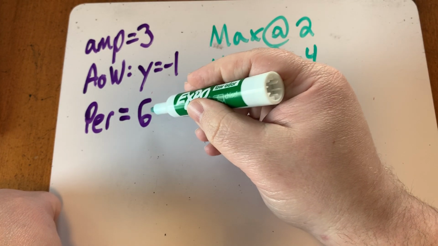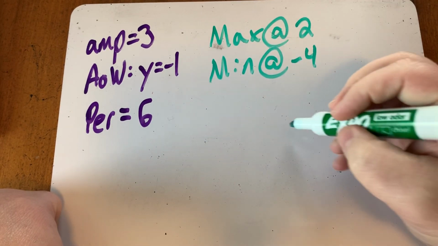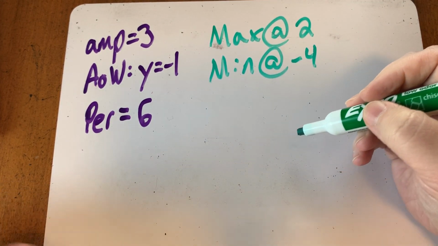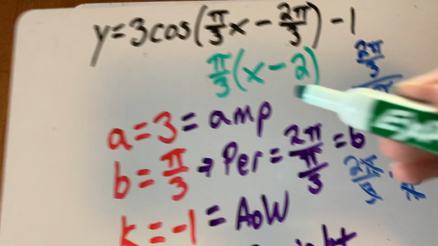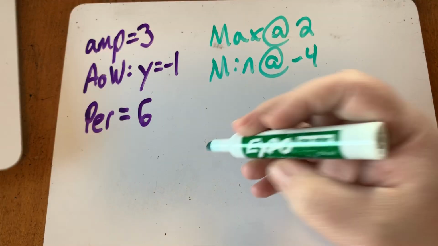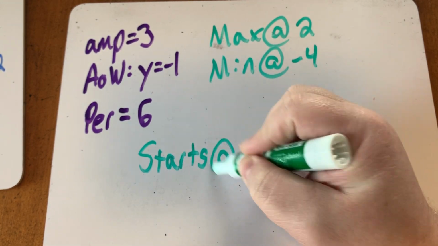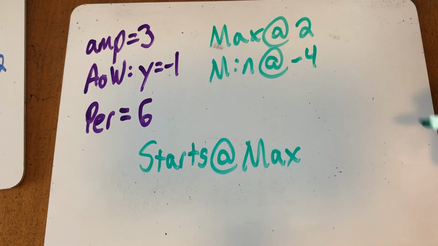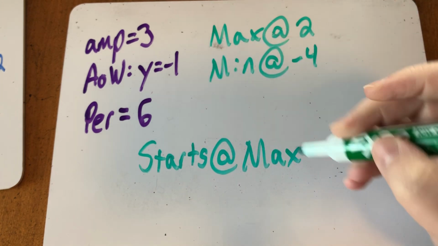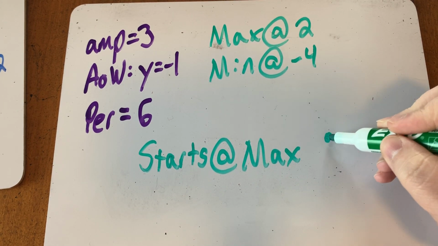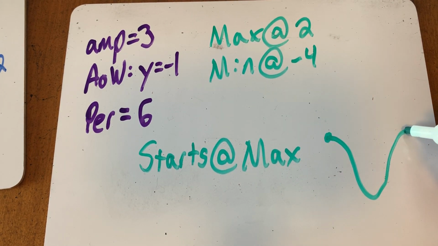And then on the x-axis, our period. It was a positive cosine, so it starts at a maximum. And the period would look like this. Our first period would just look like that.